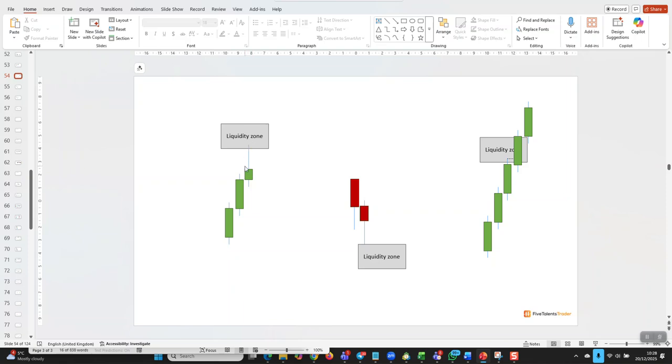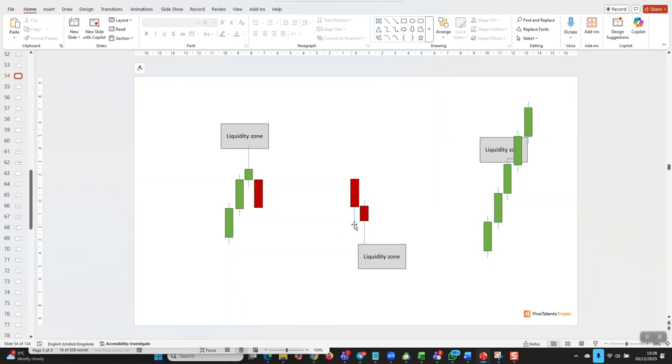When I get this kind of rejection, the next thing I wait for is for price to give me what I call confirmation. In this example, I want to see a bearish candle that then closes below a low. That gives me confirmation that price is moving away from this.